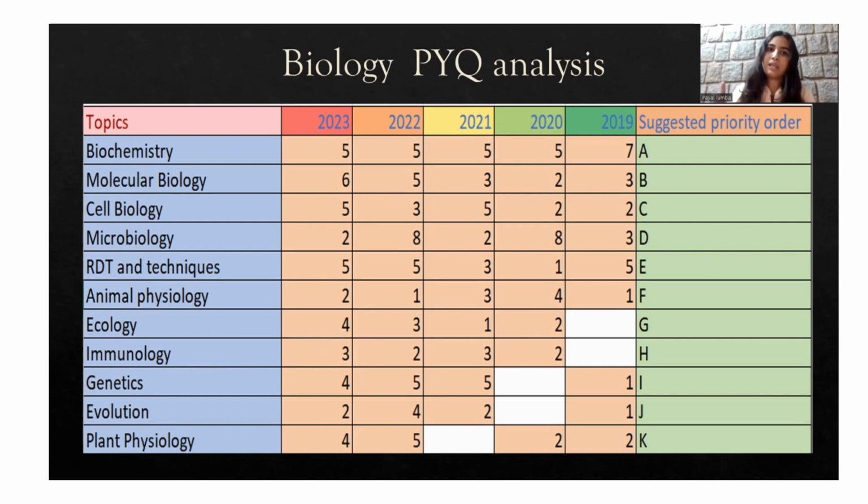In evolution, there is usually a question from Hardy-Weinberg equilibrium. And in plant physiology, they ask about the hormones like ethylene, what are their roles and this type of thing.